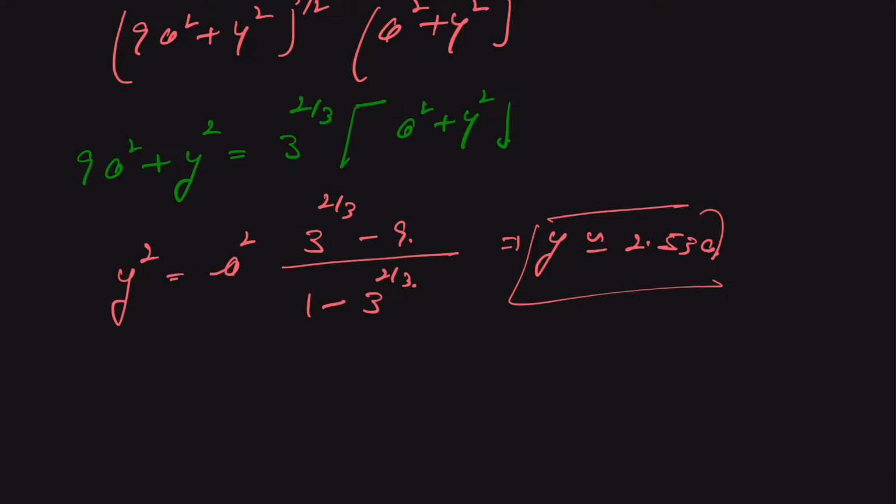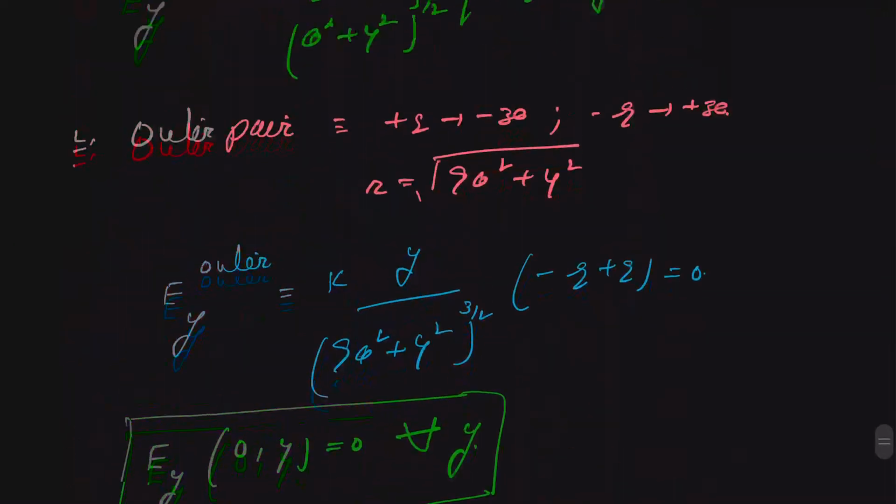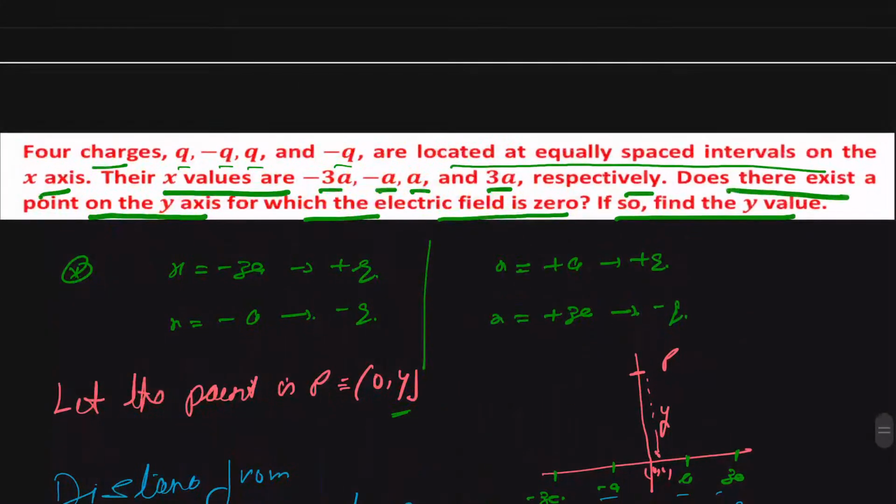So there exists a point on y where the electric field will be equal to 0. Okay. And this is a little bit tricky. If you look at the question, intuitively it looks like there will be no such point, but there will be a point for which our electric field is equal to 0.